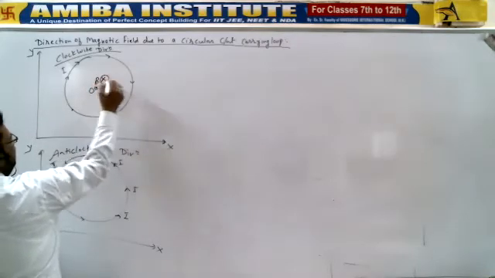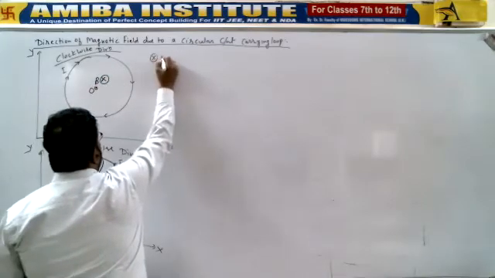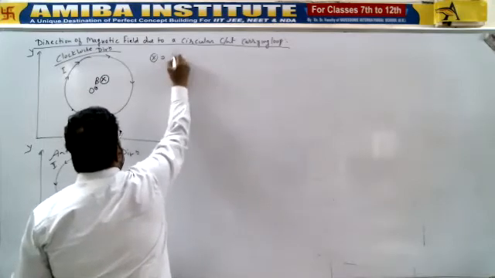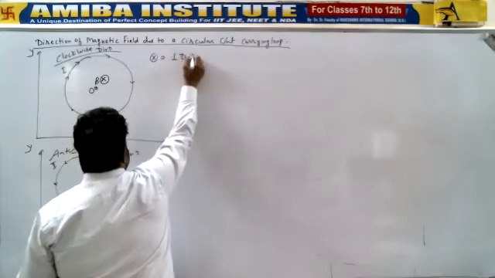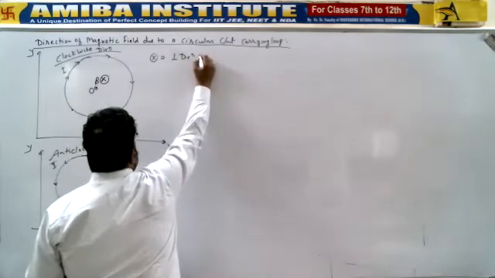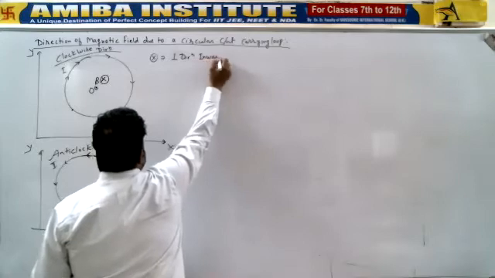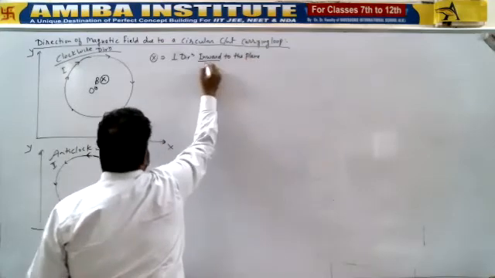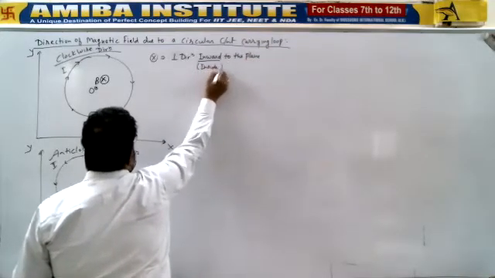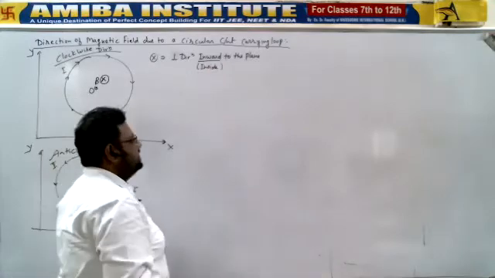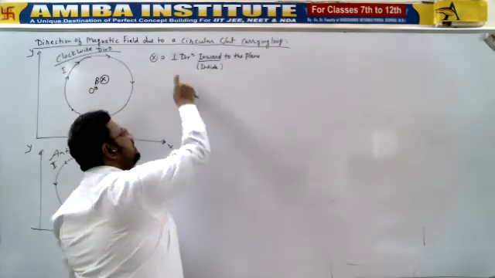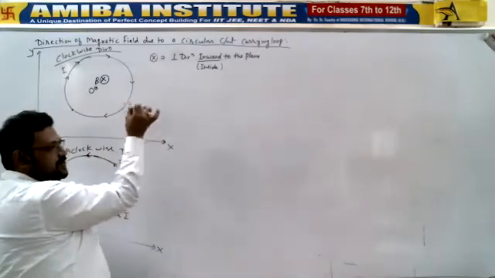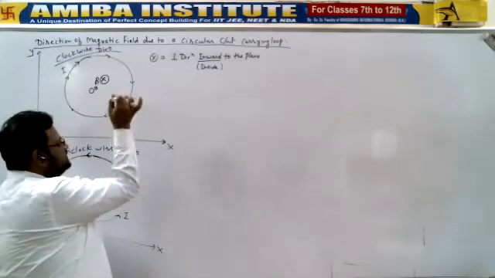Cross means inward direction, perpendicular and inward to the plane. Inward means inside. So whenever we need to represent the inside direction of this plane, we use the symbol cross. So the direction of magnetic field is inside this XY plane, that is the minus Z axis.